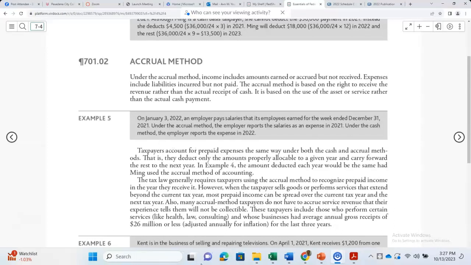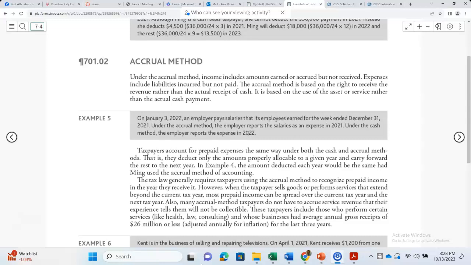Under the cash method, the employer reports the expense in 2022, because on the cash method, he didn't pay yet. But under accrual method, you have to recognize your obligation, and your obligation is paying salaries because they worked for you and now you are obligated to pay. So it doesn't matter if you pay or not, it's still an expense.